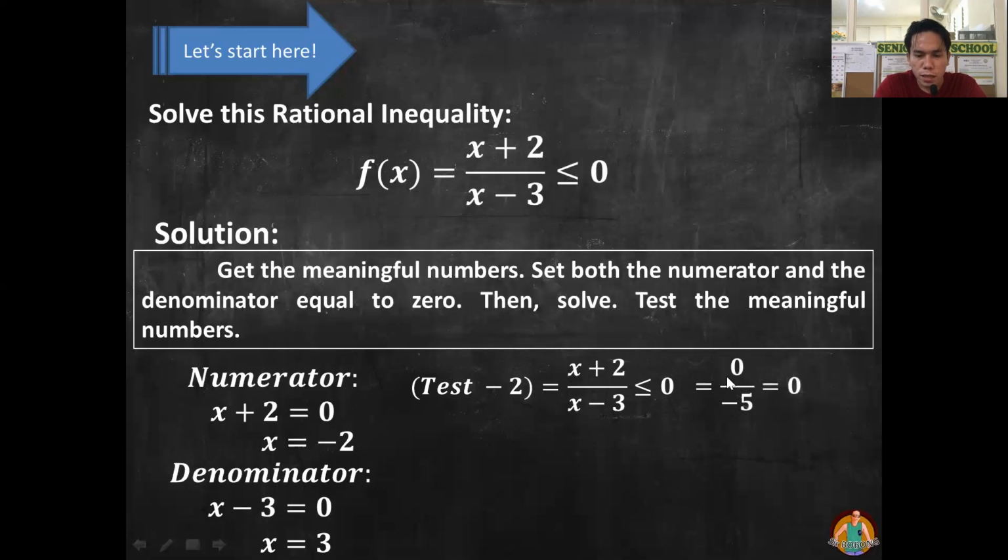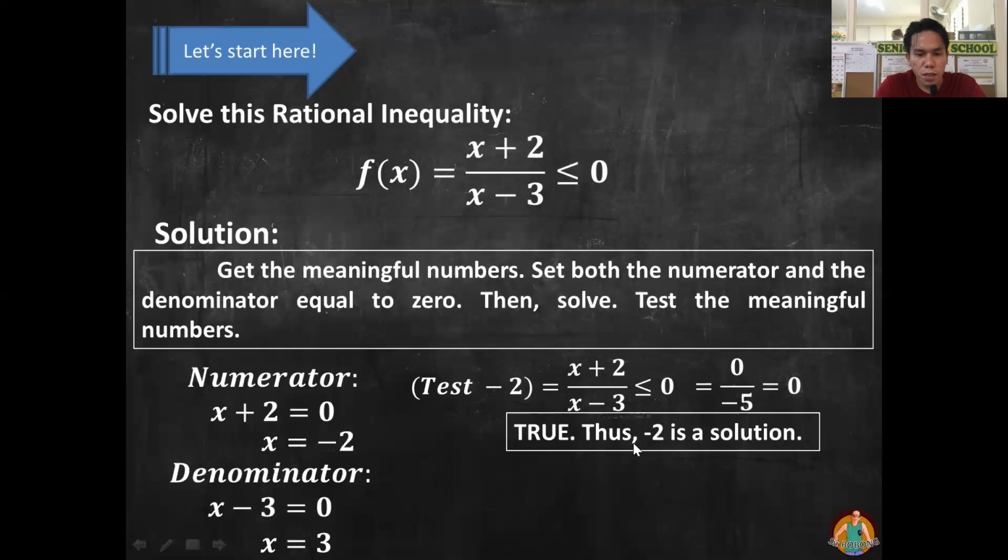So we will have 0 over negative 5. So 0 divided by negative 5 is 0. So is it 0 is less than or equal to 0? Is it true or false? Okay, so it is true. Thus, negative 2 is a solution. So true siya. Okay, so our negative 2 is solution.